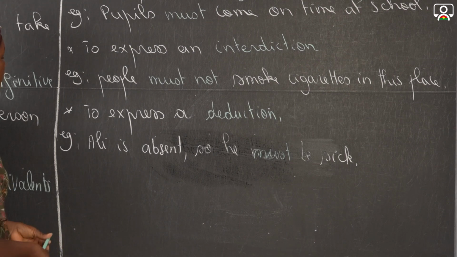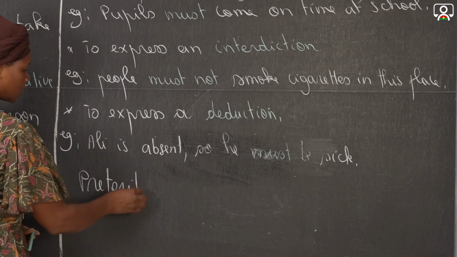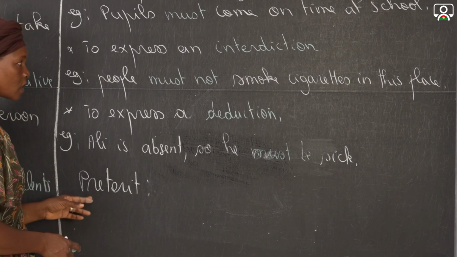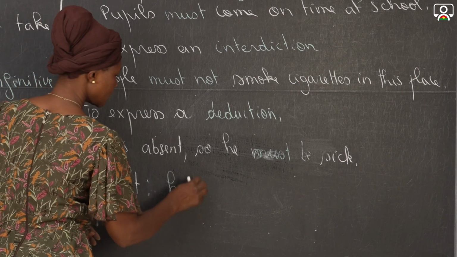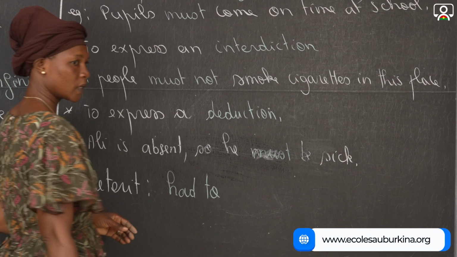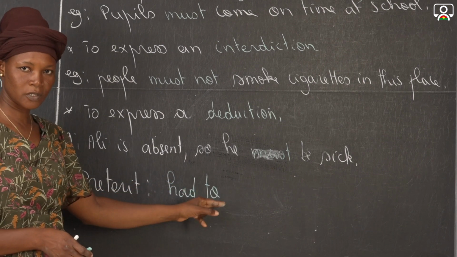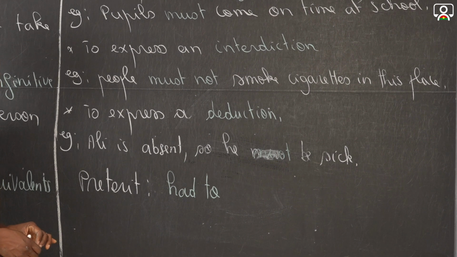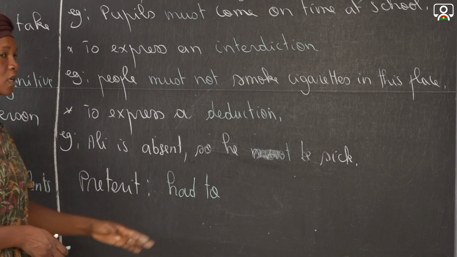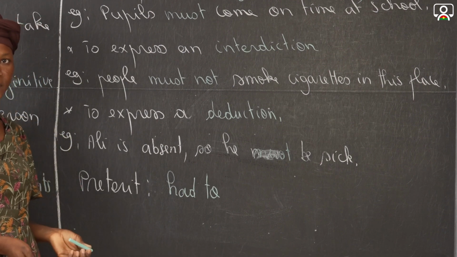Now we are going to see the preterite of must. When we want to conjugate must in the simple past, we use had to. So this is the preterite of must. We have had and to, so two words. So had to, the preterite of must. And had to also expresses an obligation or a duty.